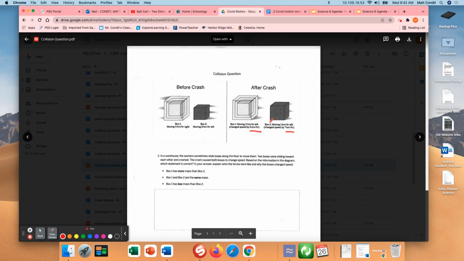So box 2 actually has the lighter mass. And the answer is simply because since both boxes got the same force, we know through Newton's third law that the object that has the greatest acceleration will always be the least massive item of the two. And that is the answer to this question. Box 2: less massive, same force on each, greater acceleration.